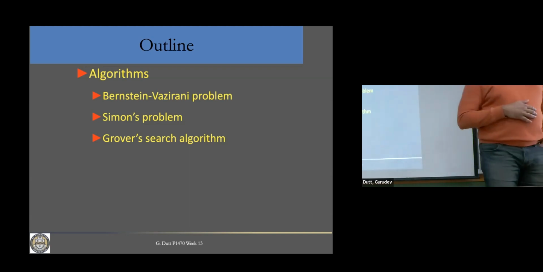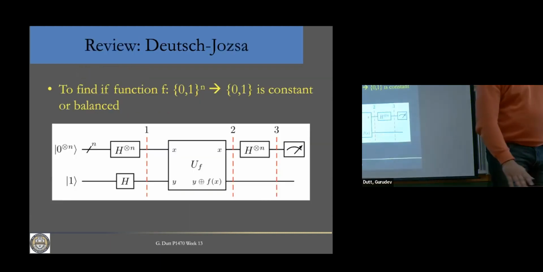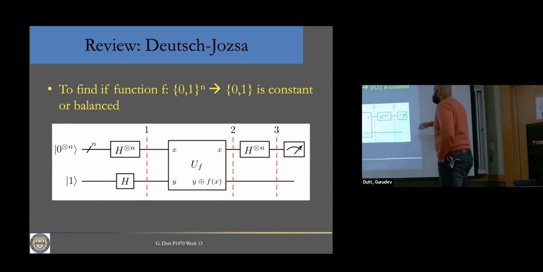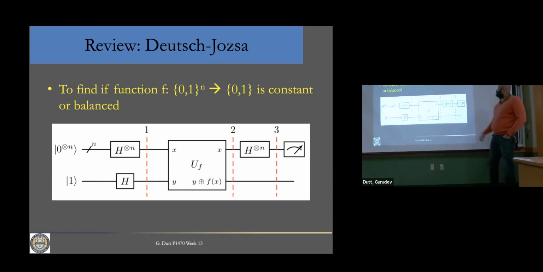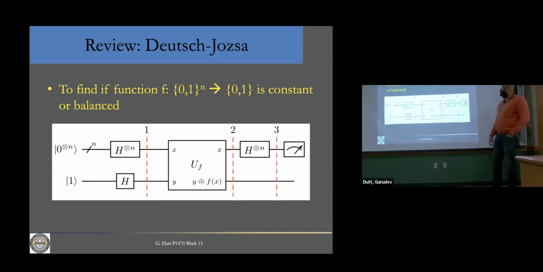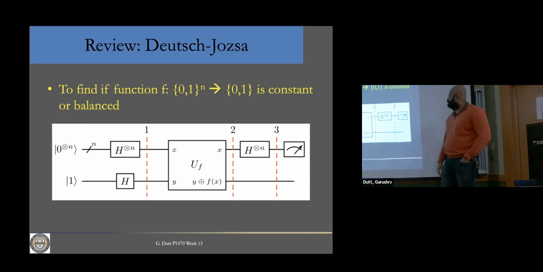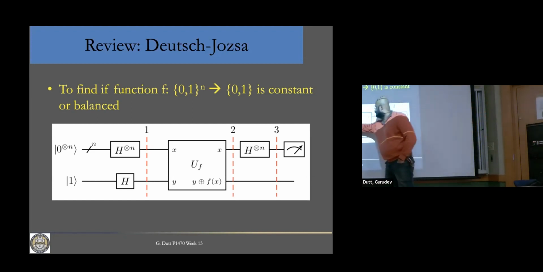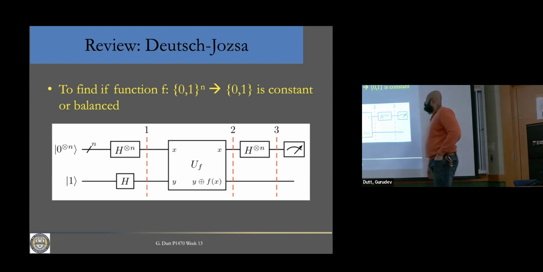All right. So today I'm going to start by quickly reviewing the Deutsch-Jozsa algorithm. As you may remember, the problem was to determine if a function that returns a single bit from an n-bit string is constant or balanced. And here was the implementation of the algorithm.